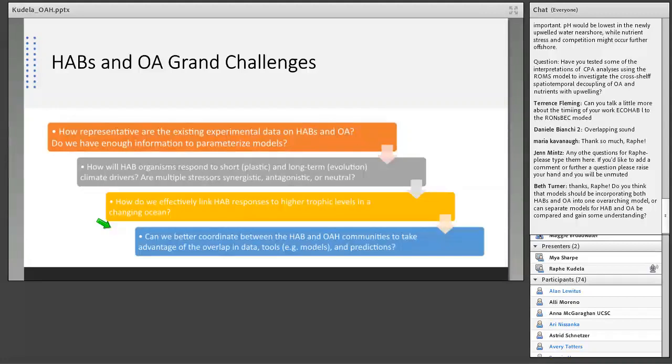We're hoping that within the next several months, we'll start to generate full three-dimensional, physically and biologically coupled observations of what we think Pseudo-nitzschia would be doing in that model. And then, of course, that's when it gets fun, where we can turn nutrients on and off, change the temperature, and see how it changes the pH.